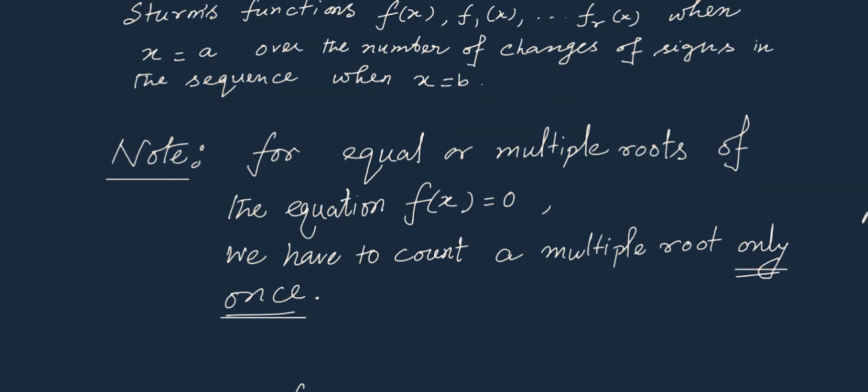And for a multiple root or equal roots, we have to count the multiple root only once, and then the theorem is the same as before.